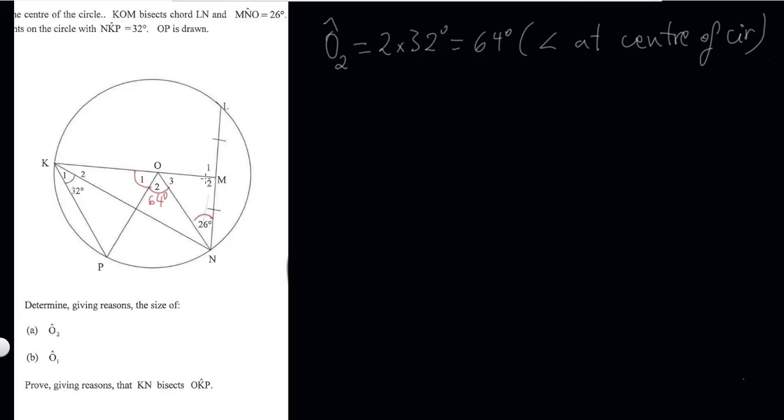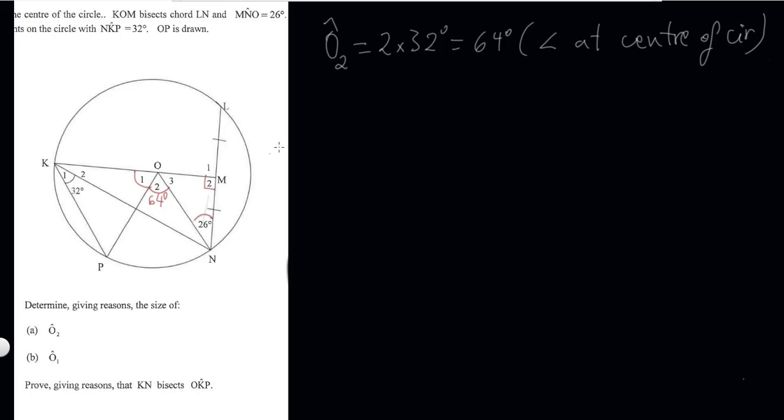And there is an angle also from the center to the chord. You can see here they put this sign and this sign. This means they are equal. LM is equal to LMN, meaning that this angle will be 90 degrees.